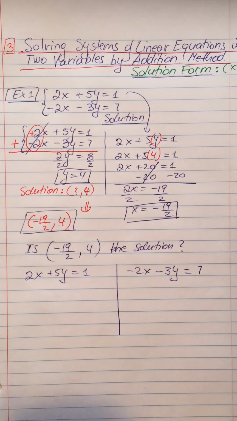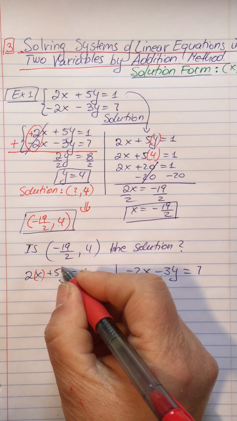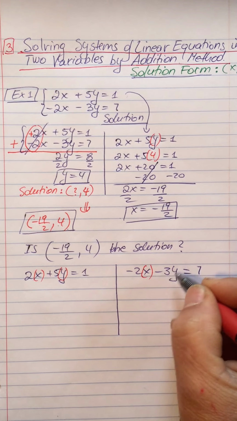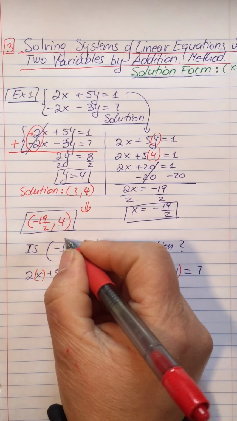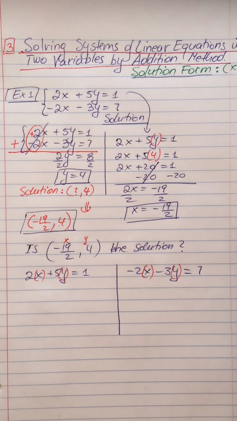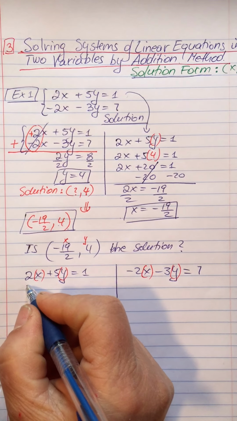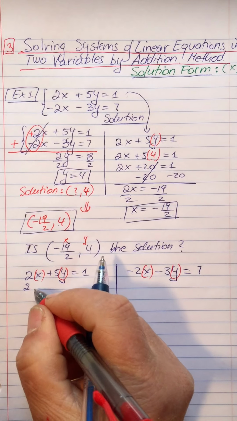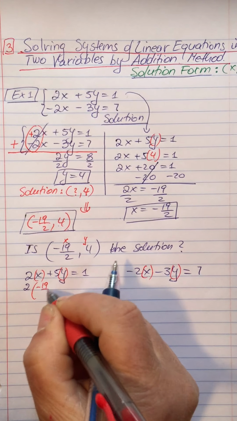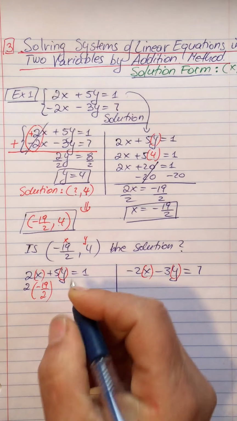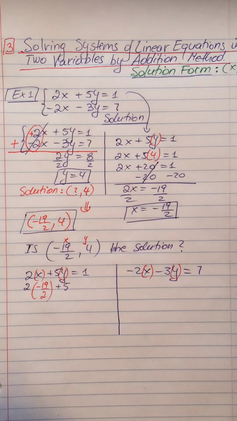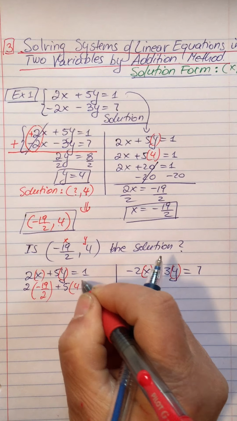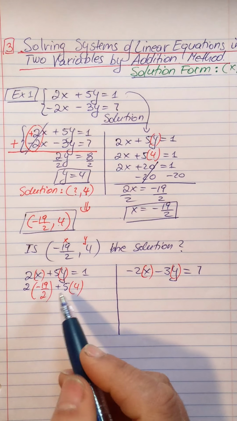Now, I'm going to replace the variables by the values of my solution. Instead of x, I will write negative 19 over 2. Instead of y, I have to write 4. And now I will check.